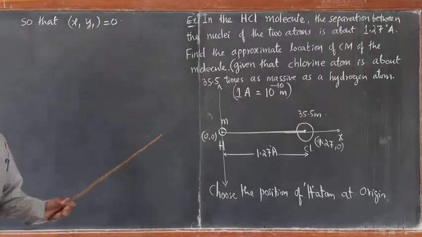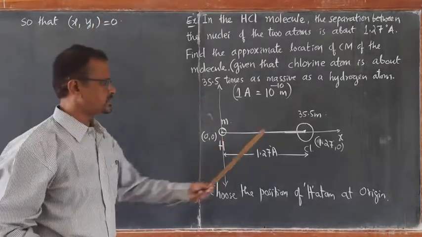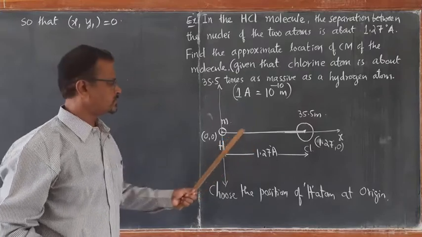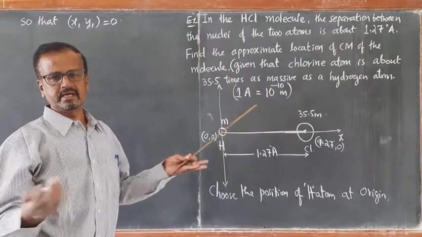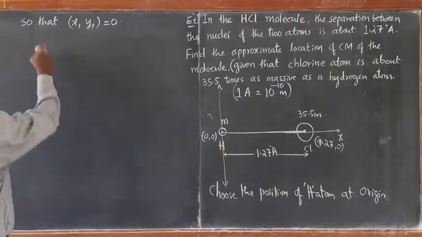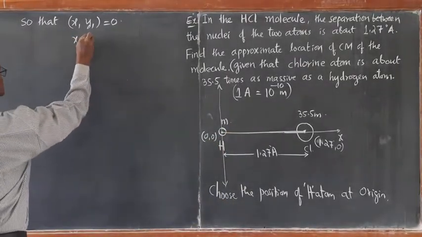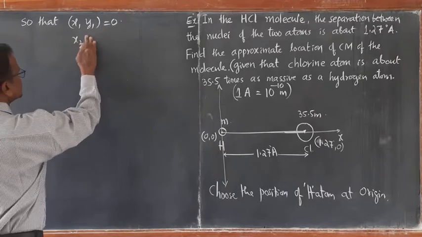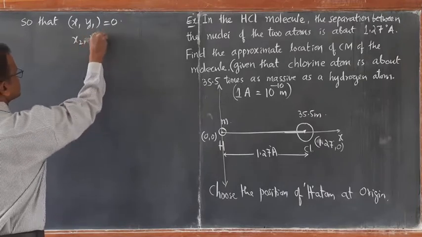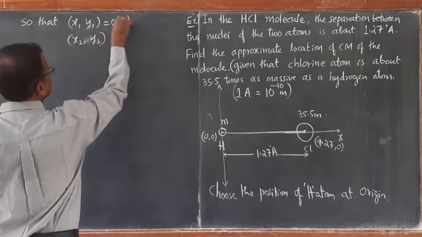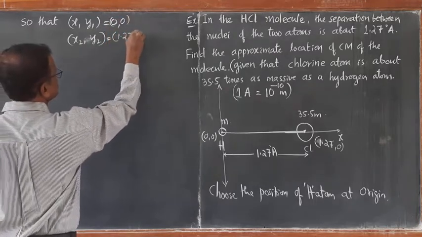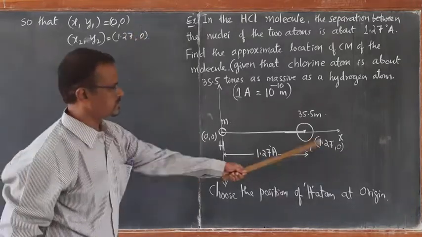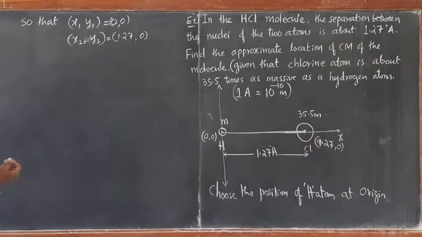And of course there is no question of y1 at all, because here we have taken both particles along the x-axis. Only x1 and x2 matter, that's it. Then what is the position of x2? x2 becomes 1.27.